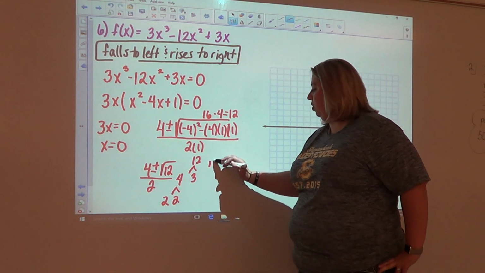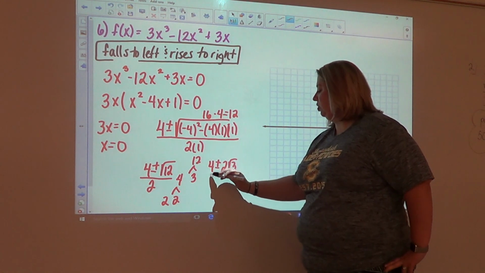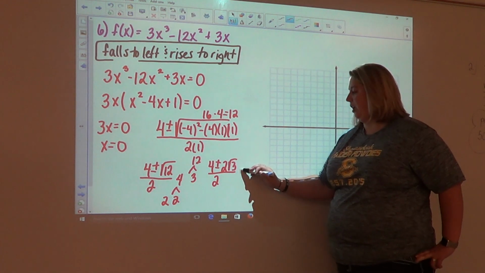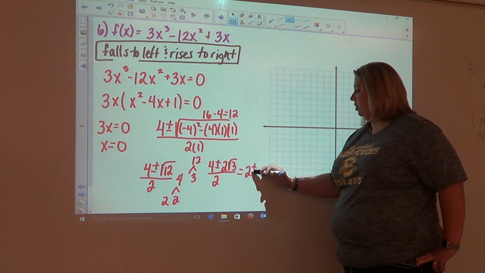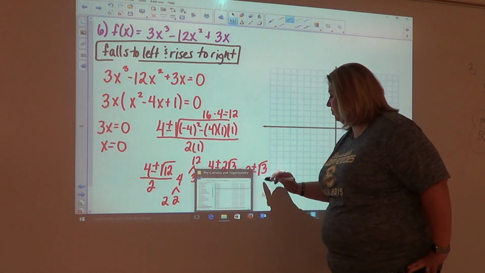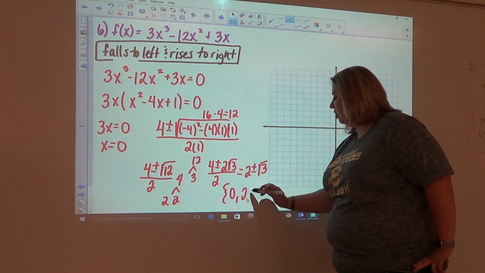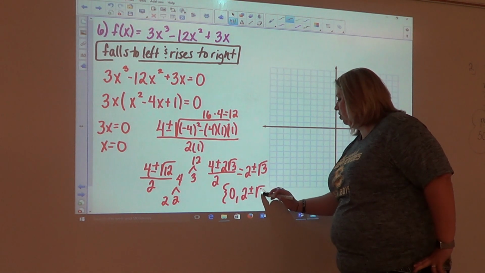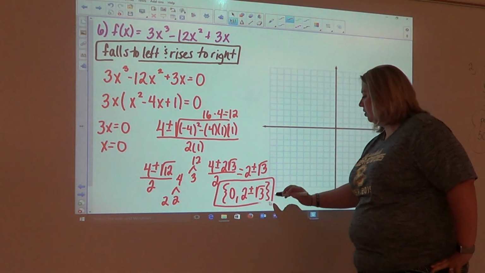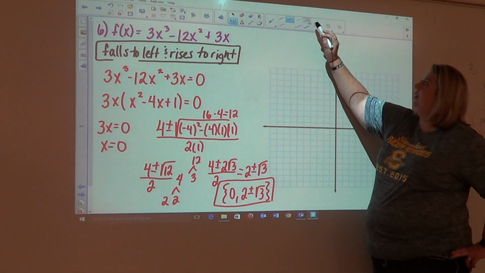So it would be 4 plus or minus 2 square root of 3 over 2. And those are all divisible by 2, so my answer would be 2 plus or minus square root of 3. So my zeros are 0 and 2 plus square root of 3 and 2 minus square root of 3. And now we get to graph it.